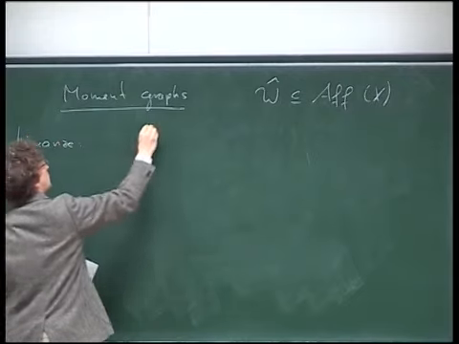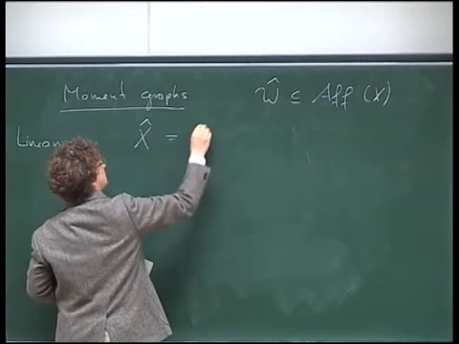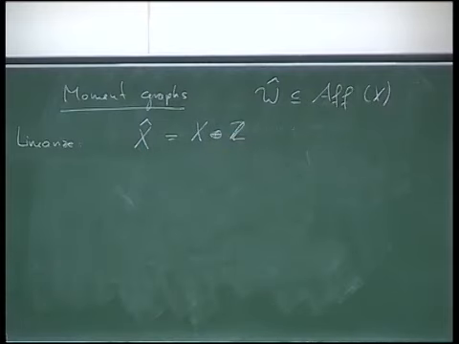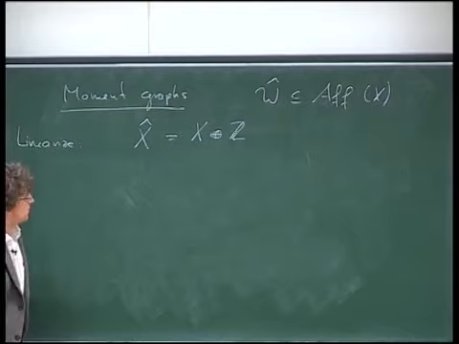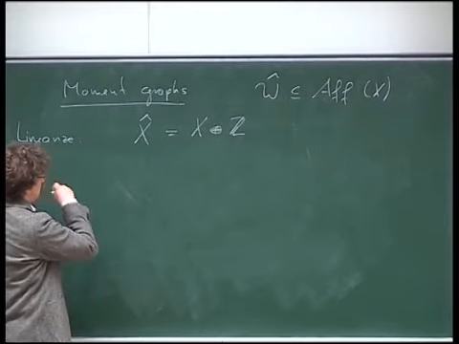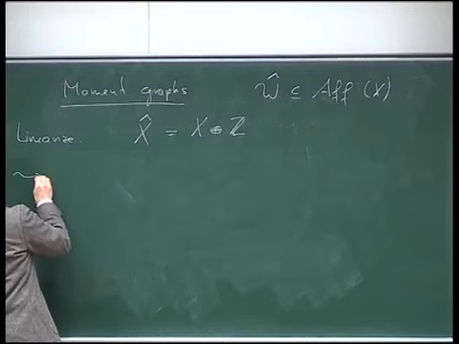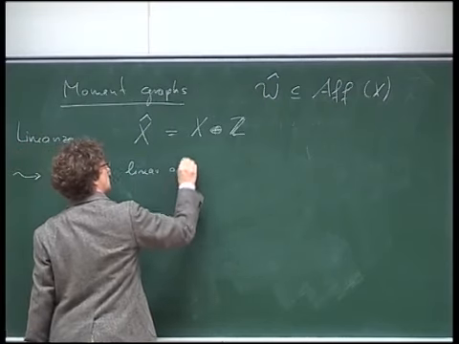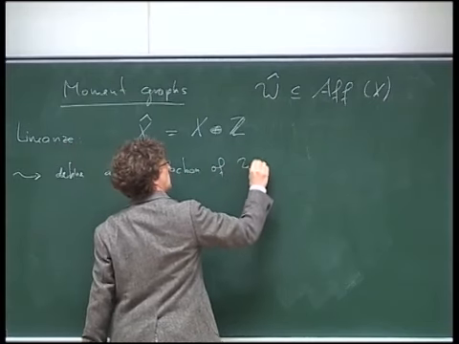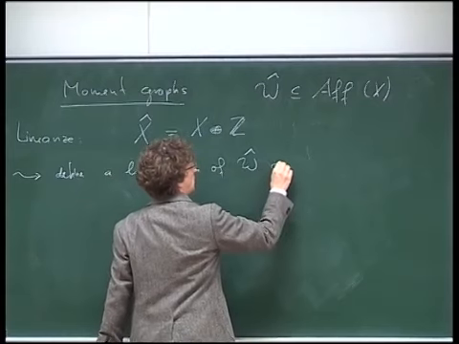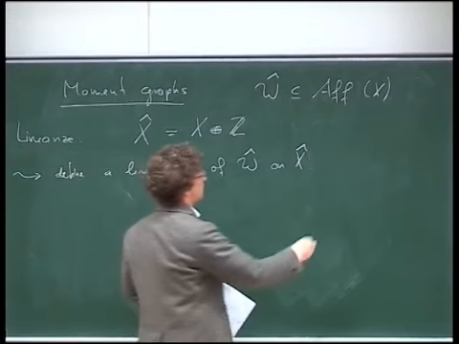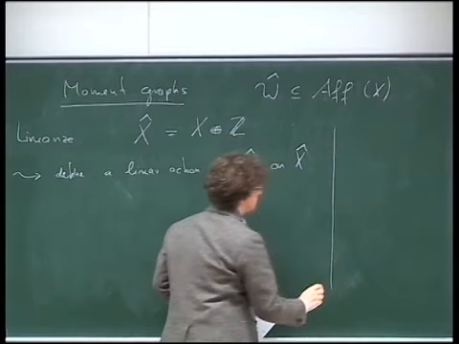We define X hat to be the lattice that we obtain by adding just one additional copy of Z. So and then we can define a linear action of W hat on X hat, and well, instead of writing down the formulas, I give you the general idea.